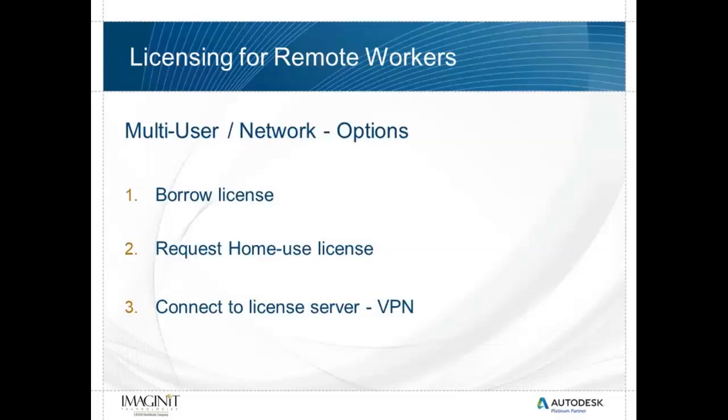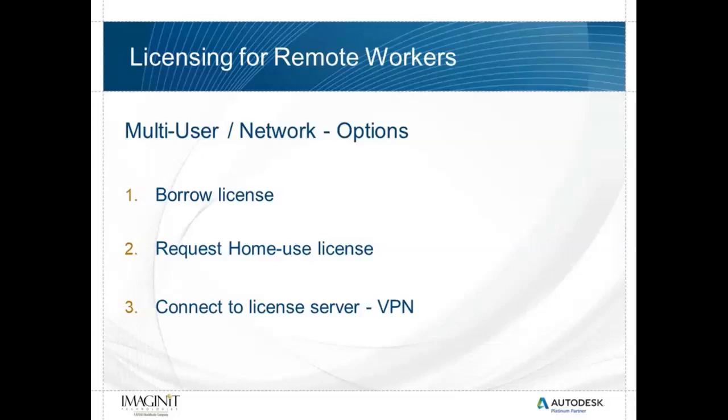Multi-user network is a little bit more complicated because, again, for the most part, they're accessing from a pool of licenses that is served up from a license server. That license server typically resides inside your firewall, and it's very difficult in some cases for users to remain connected to that server or access that server.